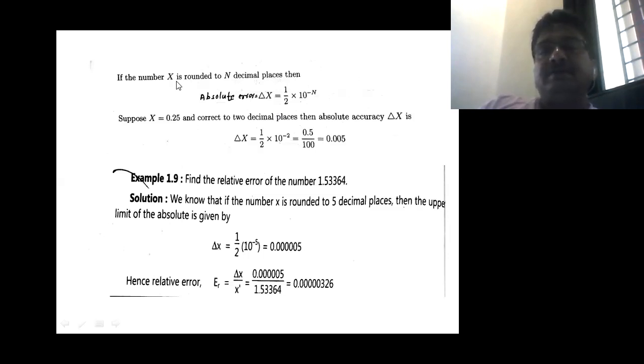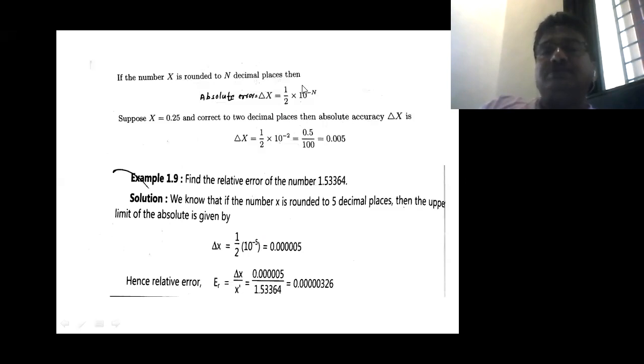N is the decimal places, rounded to n decimal places. So if the number is rounded to n decimal places, then the absolute error or upper limit of the absolute error is 1/2 into 10 raised to minus n.